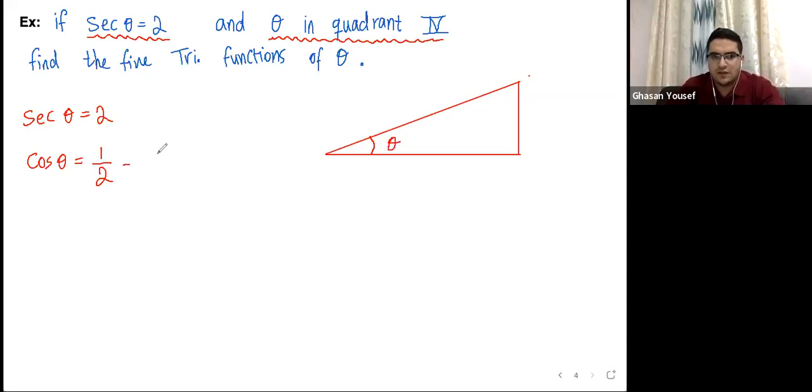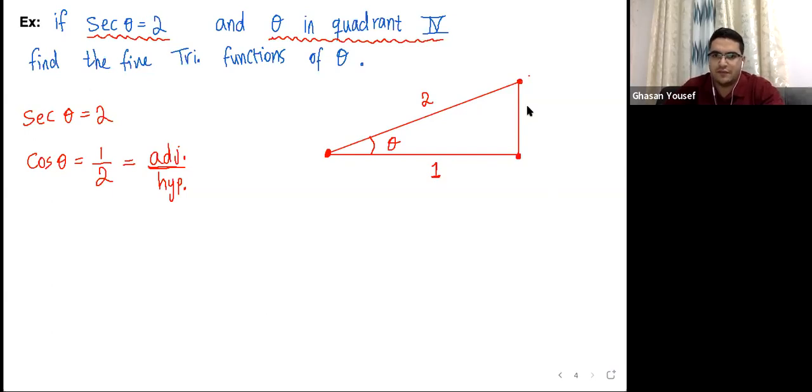The cosine function equals the adjacent over what? Hypotenuse. Correct. The adjacent is 1, so from here to here, the value is 1. And the hypotenuse is 2, so from here to here, the value is 2.